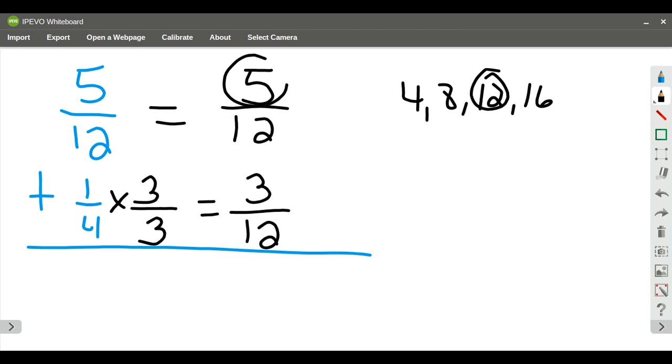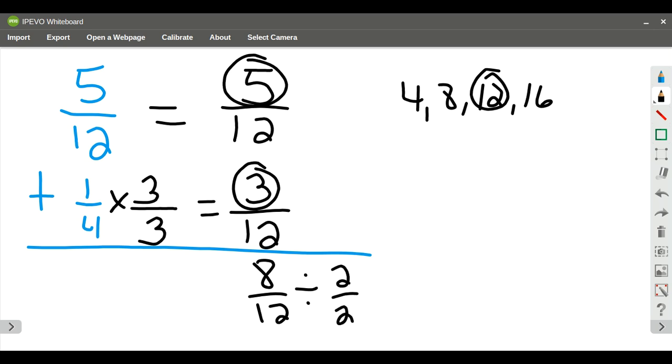And so when I do 5/12 added to 3/12, I get 8/12. And so now I need to ask myself, is this fraction in simplest form? So can I divide this fraction out to make it an equivalent fraction with a smaller value in the numerator and the denominator? And my answer on this one is yes. They have a common factor of 2.